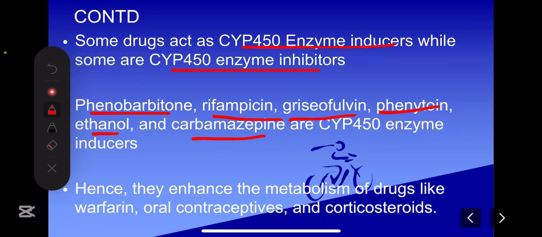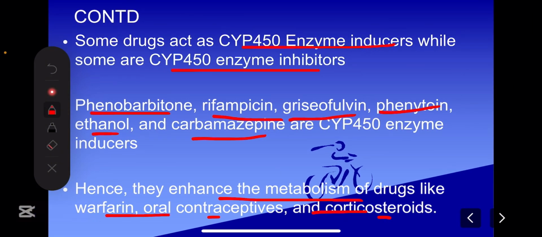Do you get now? They actually cause cytochrome P450 to work better and break down drugs faster. So when you administer these drugs with other drugs, they break those drugs down faster. All right. Hence, the metabolism of drugs like warfarin, oral contraceptives, and corticosteroids is actually increased. It enhances the metabolism.